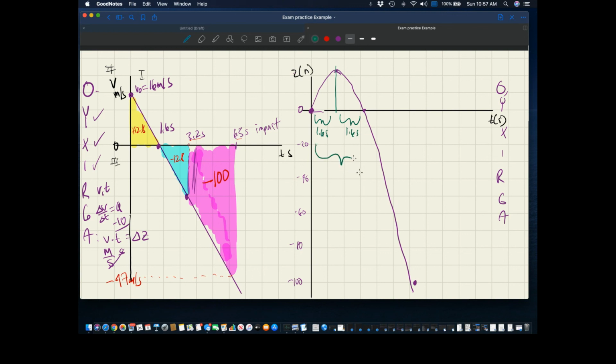This entire thing to here is 3.2 seconds. We know this maximum height is 12.8 meters. And we know this time here is 6.3 seconds at a height of minus 100. So we've got our intercepts here, both when it starts at 0, when it returns to 0.